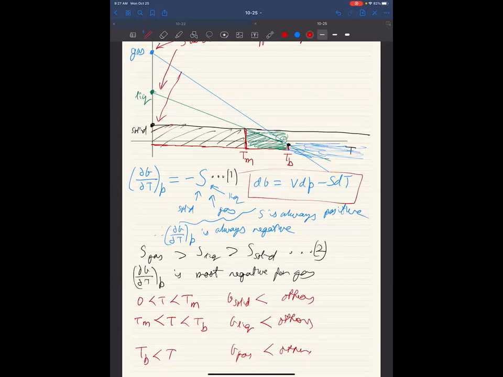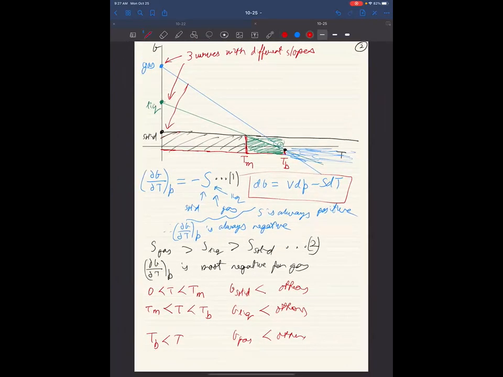So just to summarize what we did over here, we used 2 key ideas in this plot. The first idea was that at 0 Kelvin, G gas is more than G liquid, is more than G solid. In order to do this, we thought about the internal energy of the system and reasoned how PV will behave and came up with an intuitive sense. We could have been more rigorous, but that's okay for now.